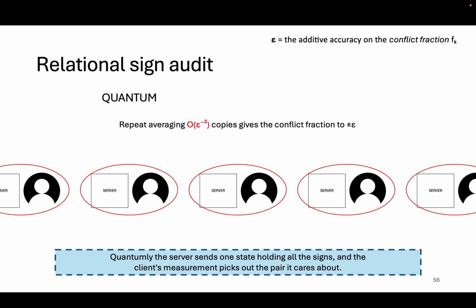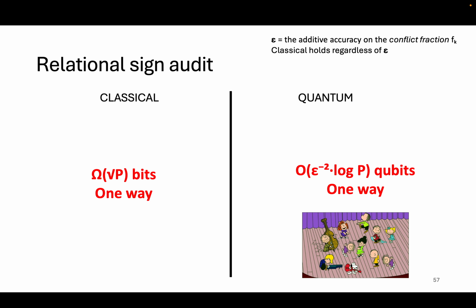We keep doing that for the number of rounds necessary to reach the accuracy that we desire, and we end up in a setting where the quantum server can send one state holding all the signs, and the client's measurement can randomly pick pairs it cares about and check whether they are consistent with what they're expecting.